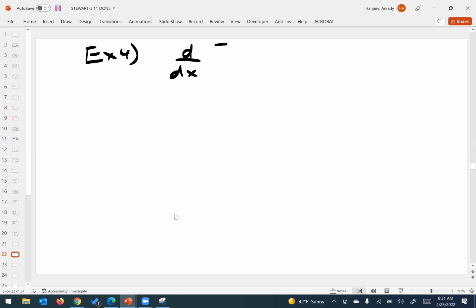There's a condition on secant because there's a condition on cosine. So the condition is that it does have to be greater than 0. That's the only condition.